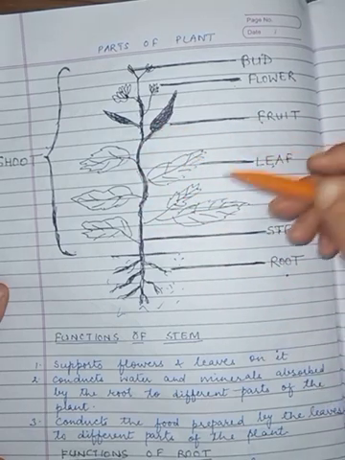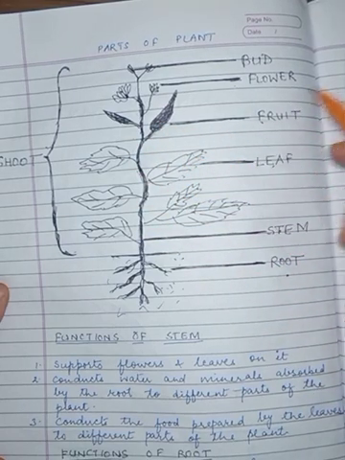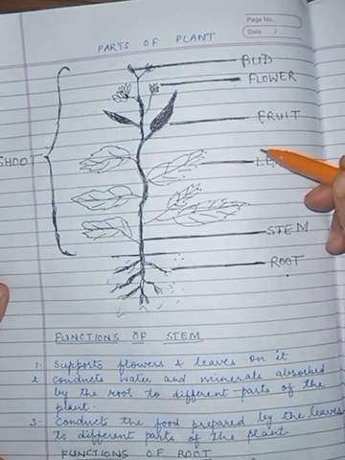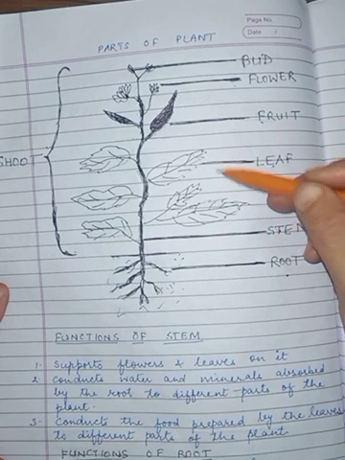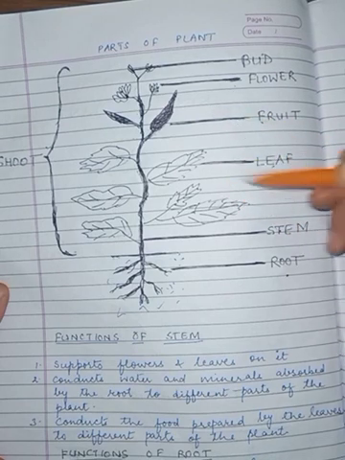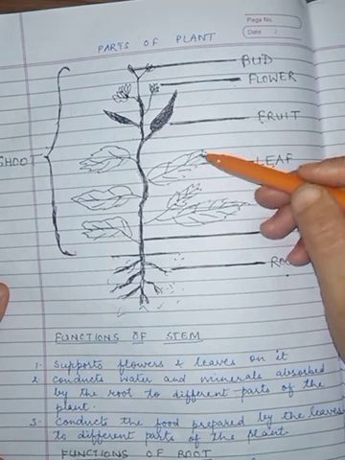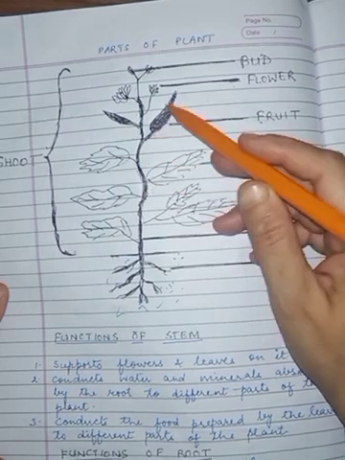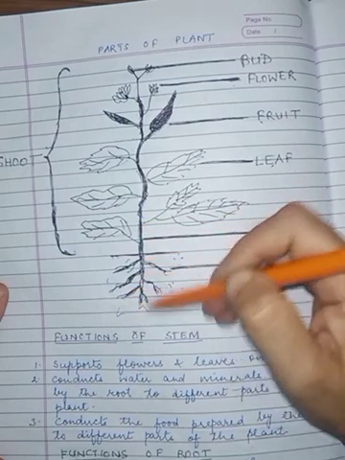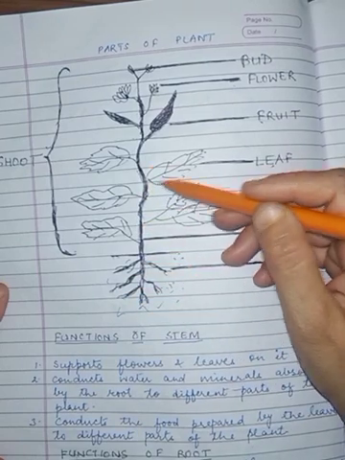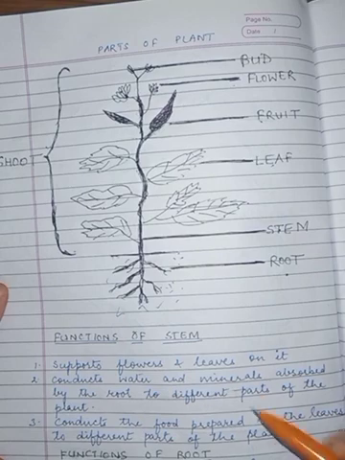Means all the leaves prepare food. Green leaves, that too we should say green leaves prepare food for the plant. So this food prepared by the leaf is conducted to various parts of the plant by the stem only. Clear?